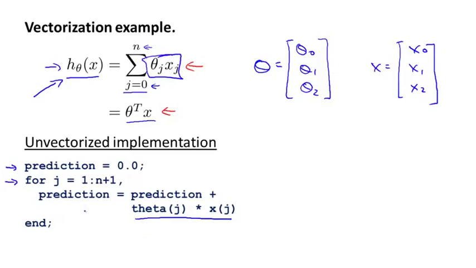By the way, I should mention that in these vectors that I wrote over here, I had them being 0 indexed, so I had theta 0, theta 1, theta 2.